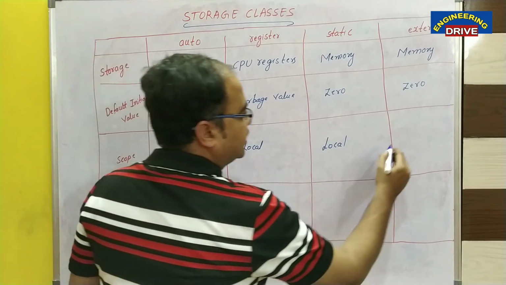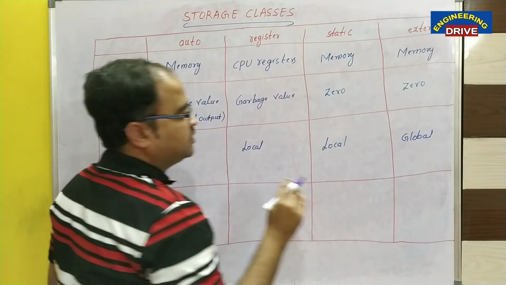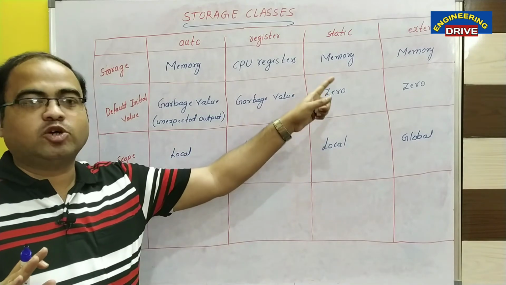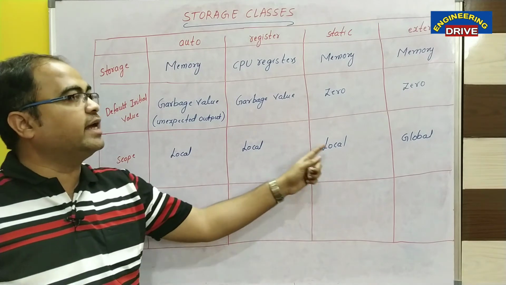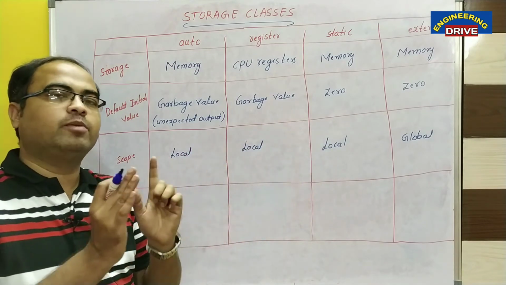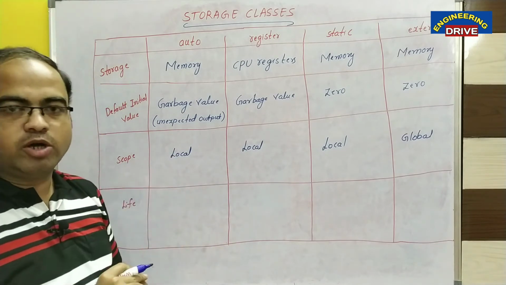Only in case of external storage class, the scope of the variable will be global, which means the variable is visible in the entire program. Whereas in case of auto, register and static storage classes, the scope of the variable will be local. The variable is visible within the function or within the particular block.